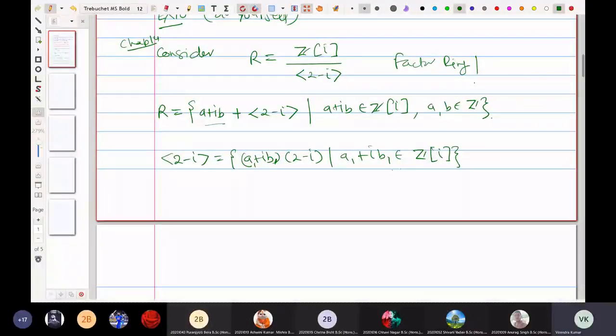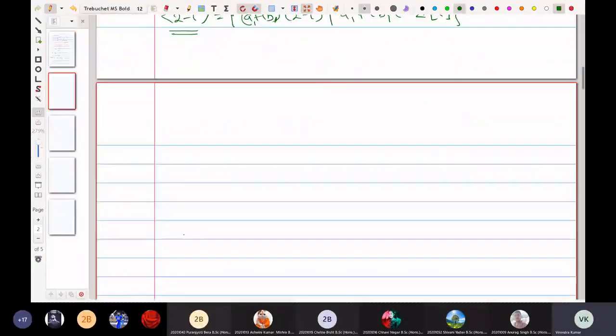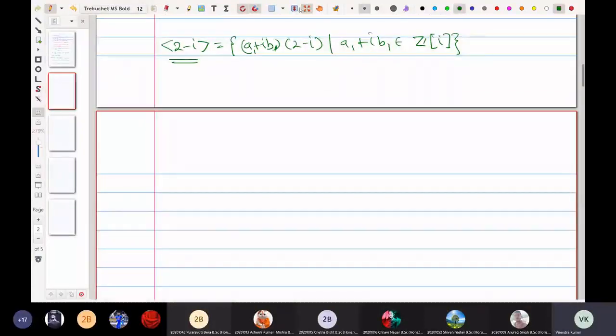Here we see what type of structure this set has. But how we are going to simplify, that is the question. In this case, every element is a multiple of 2 minus i, and it is a multiple by elements of the parent ring Z[i]. So now let us consider some cases.